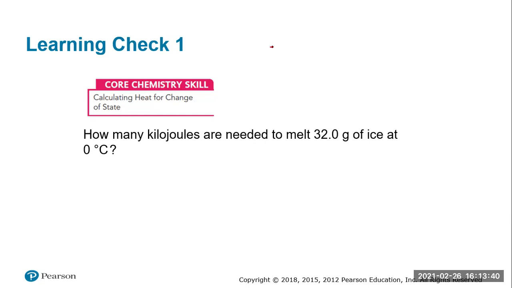So what we're talking about is we're sitting right at 0 degrees Celsius, and we have ice, and we want to take it to liquid water. Again, not changing the temperature, just simply going through that transition. And that is definitely where we would use our heat of fusion.